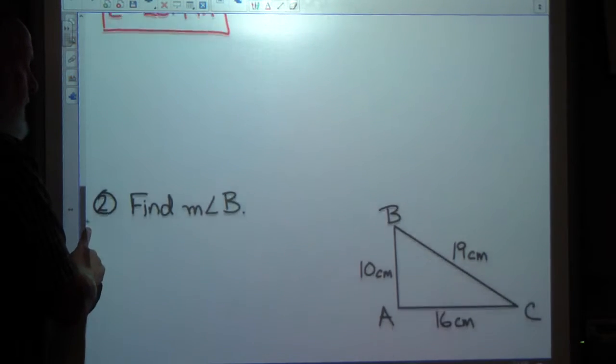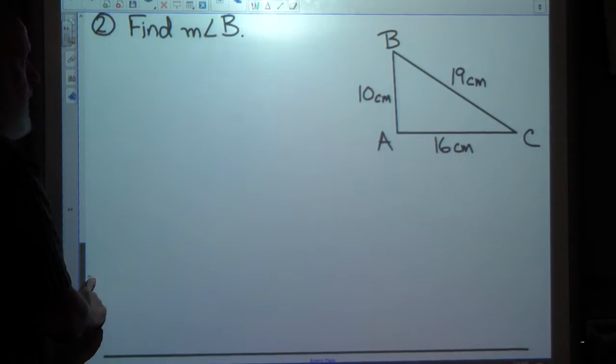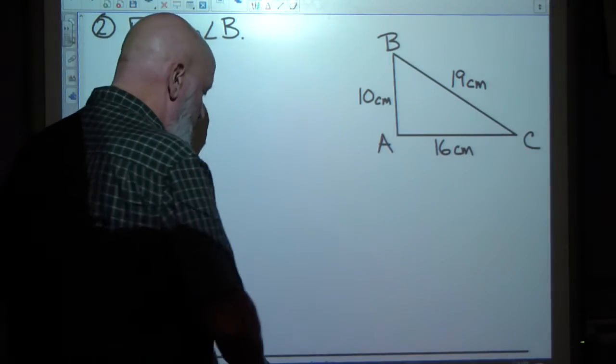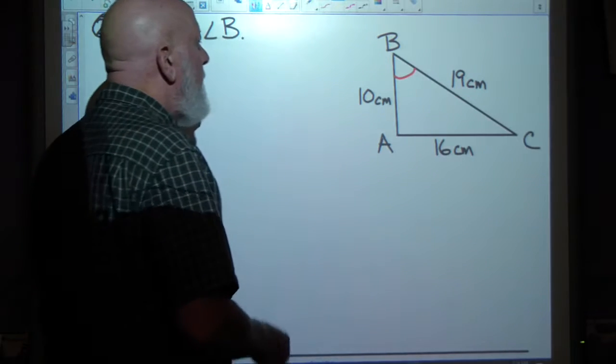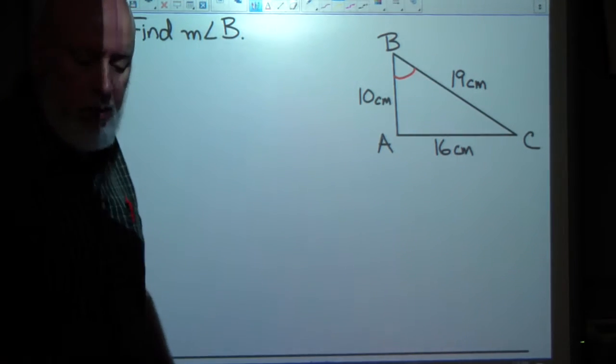Here's how it works when we're looking for an angle. Find the measure of angle B. So I look up here and say, this is the angle I'm looking for. So I'm going to plug in everything I know into this one.